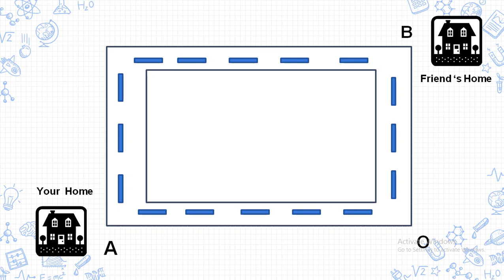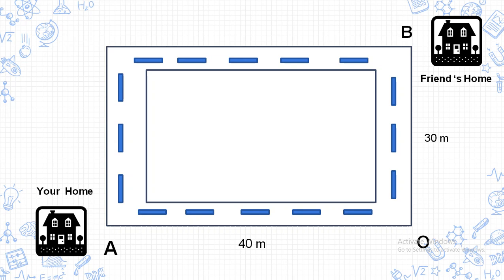Clear? So imagine the total path covered by you to reach your friend's house. Suppose A to O is approximately 40 meters. We measure this distance with the help of a measuring tape, and we get the total measurement from A to O as 40 meters, and O to B as 30 meters. So how much path have you covered?